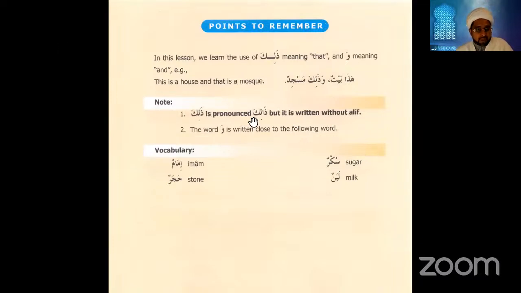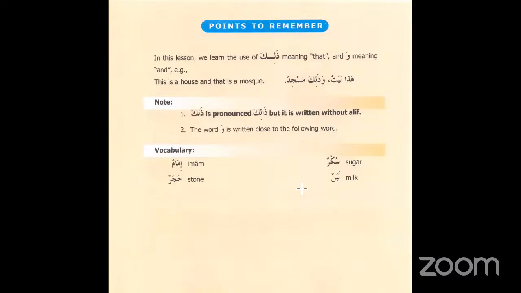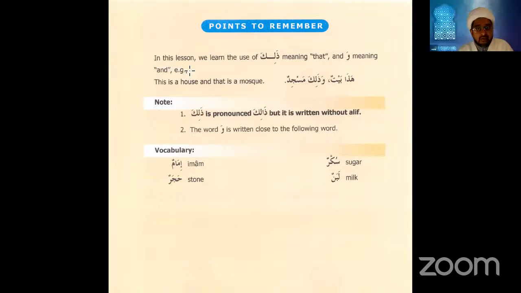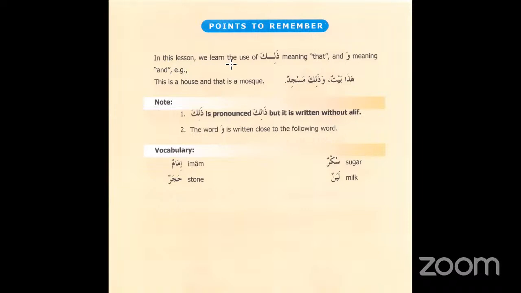Points to remember in this lesson. In this lesson, we learn the use of ذلك, meaning that, which means pointing at something that's a little further away, and wa, meaning and.